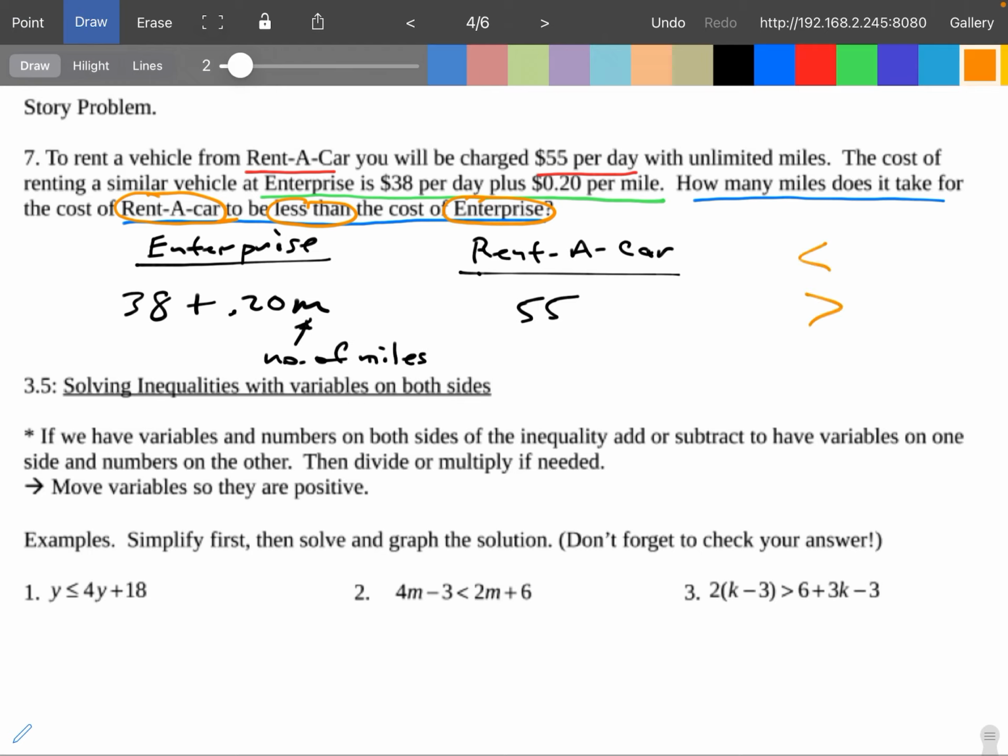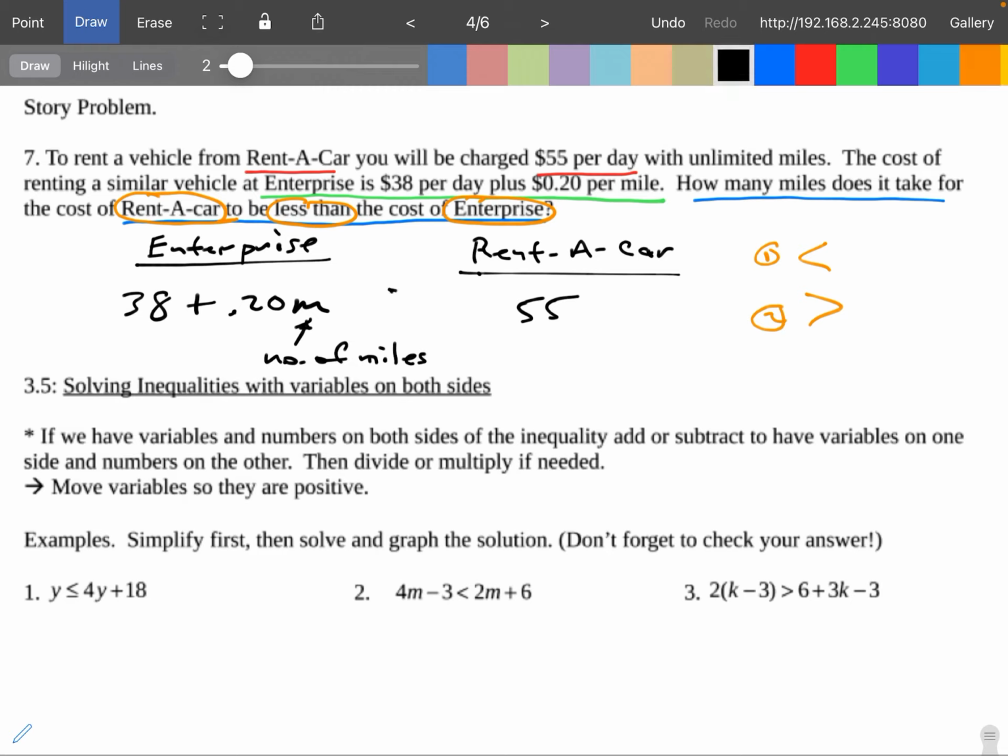So this is really my inequality that I've been writing right here. All I got to do is figure out in this gap in the middle, do I put a less than or a greater than? Which way do I want it pointing if I want rent a car to be less? That would be case 1, there's case 2.